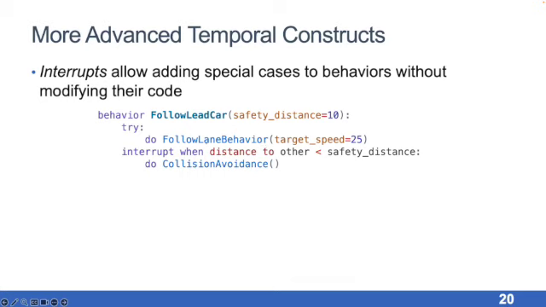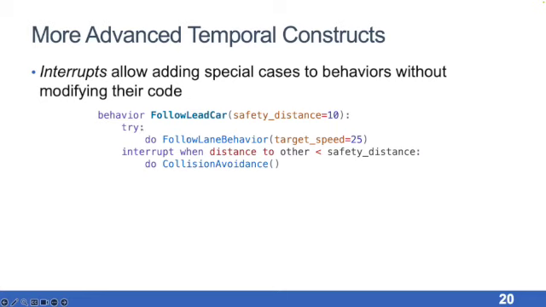This is actually one built into Scenic. But during the execution of that, if the distance between us and some other car gets below some threshold, which maybe is a parameter, then we'll switch to some other collision avoidance behavior. And then when that behavior terminates, we will then resume following the lane. That's the semantics of this try interrupt statement.